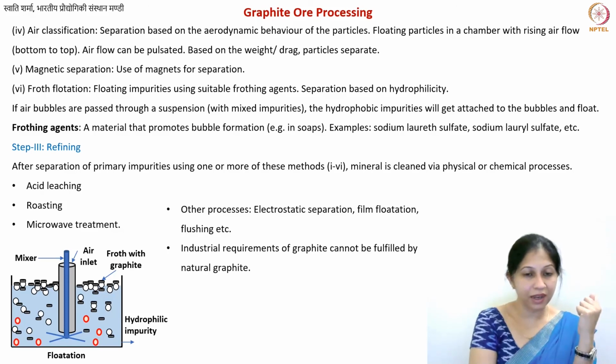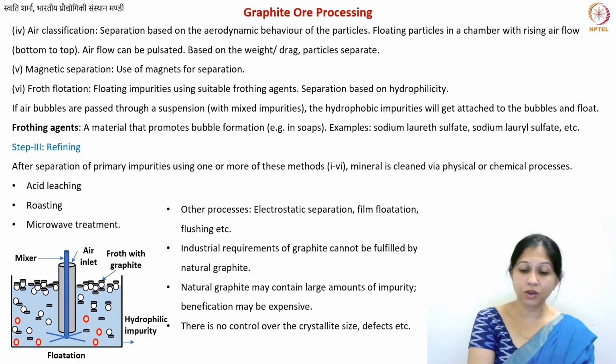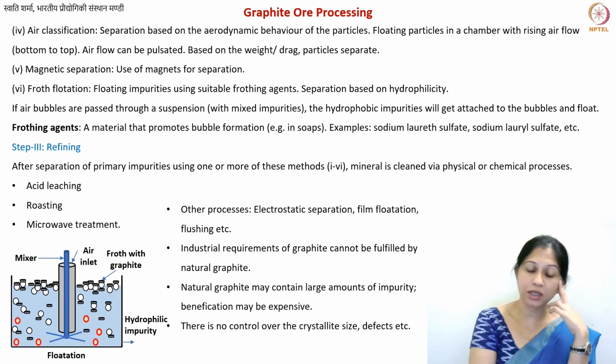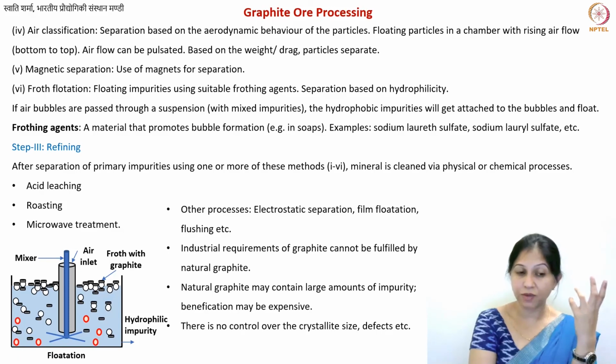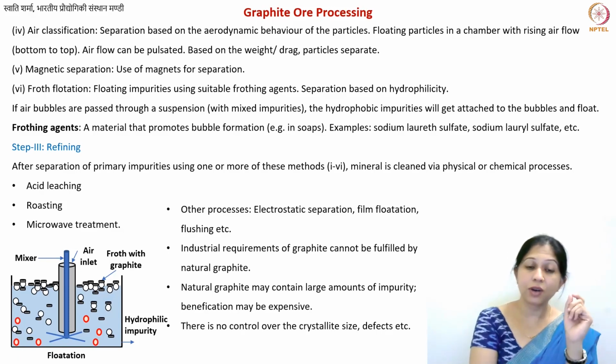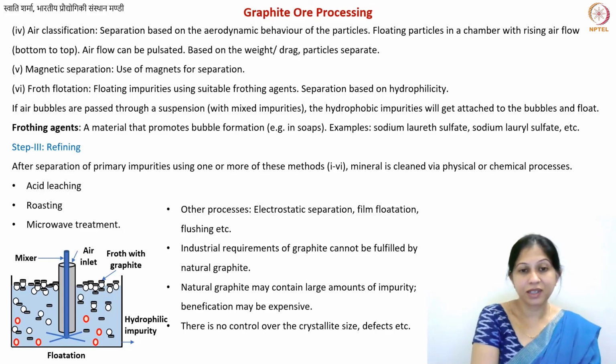So natural graphite is very expensive, and we also don't have much control, for example, on its properties. If we have a flake graphite, then that's what we have. If we have very large crystallites, then that's what we have. So we don't have very much control on the properties of natural graphite. In that case, we need alternatives. The applications are so many, but we don't have enough graphite. So the alternative is synthetic graphite.